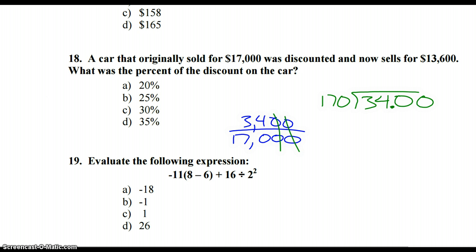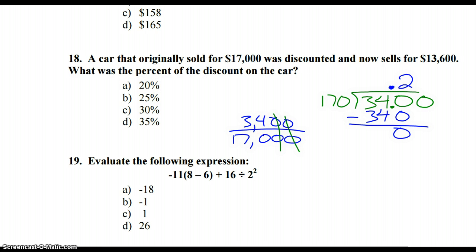So after we do that, we should come out to 0.2 actually. So 170 goes into 340 exactly twice. So I guess I didn't need that other 0 there. So 0.2 is the same thing as 20%. So we just multiply that by 100 to get the 20%.